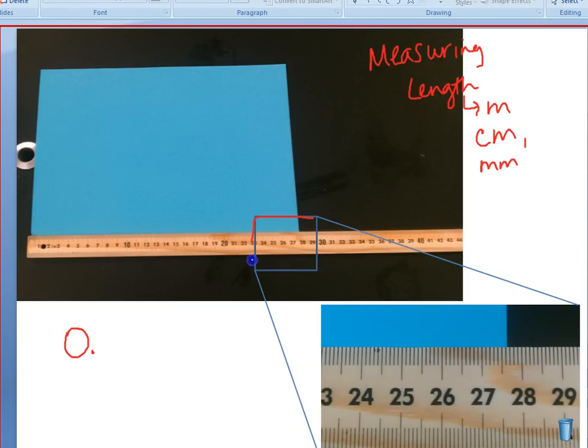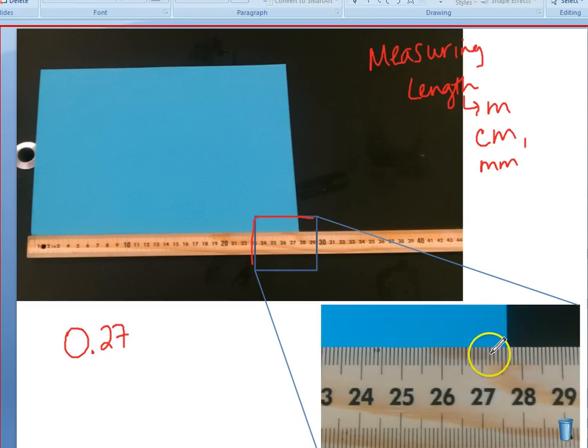I've zoomed in on this little part right here. So I've got, this would be like 0.01, 0.02, 0.03, all the way up to 0.2, 0.21. So I can see that I have 0.27 meters and a little bit more. These little markings are millimeters.